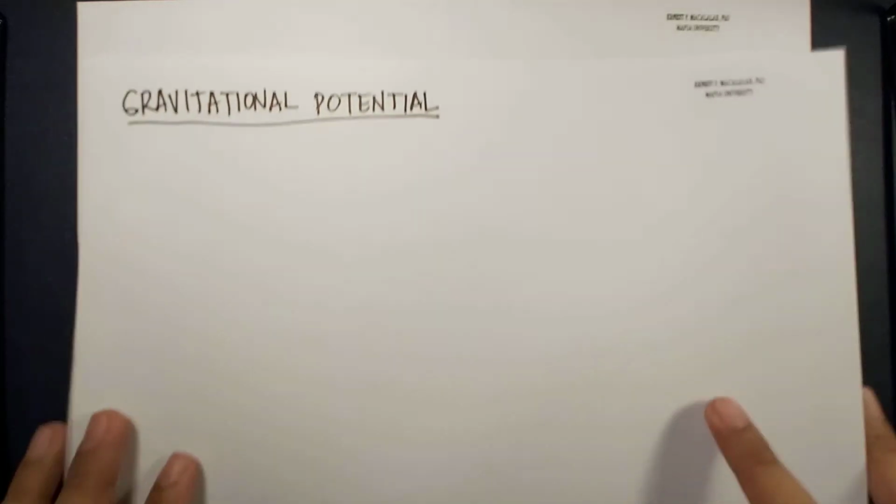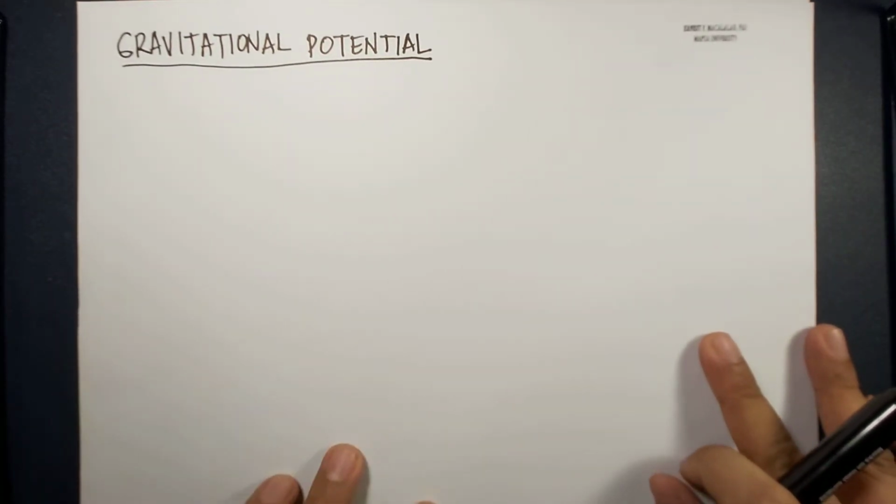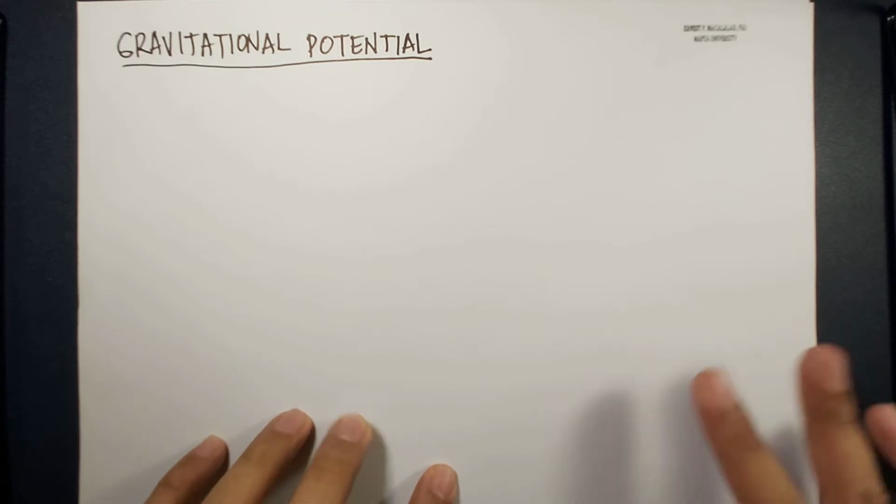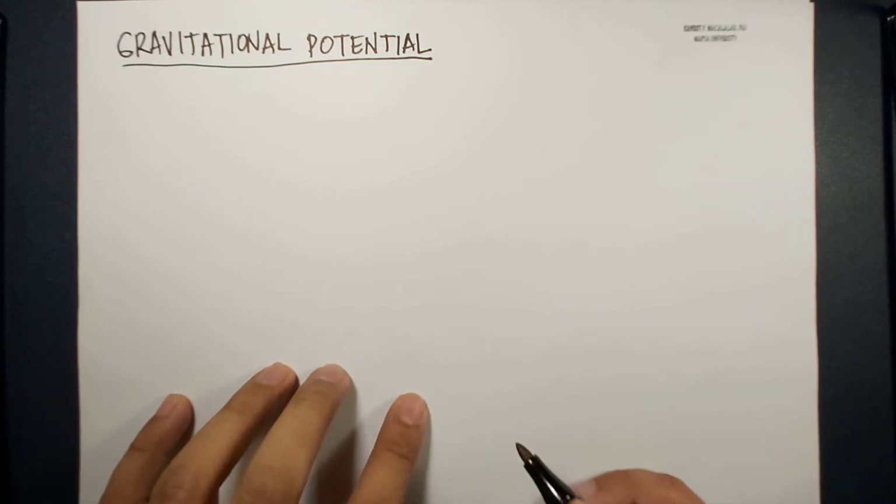Now, let's talk about gravitational potential. In order to do this, let's take the curl of the gravitational field, for example, of a point mass.